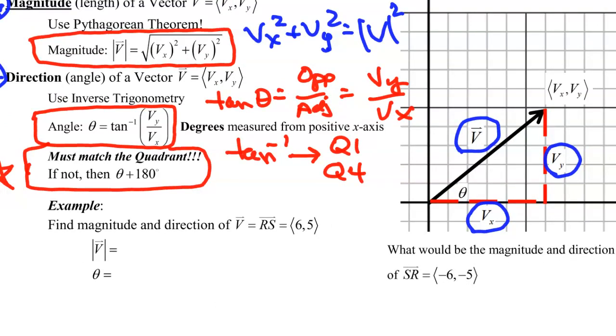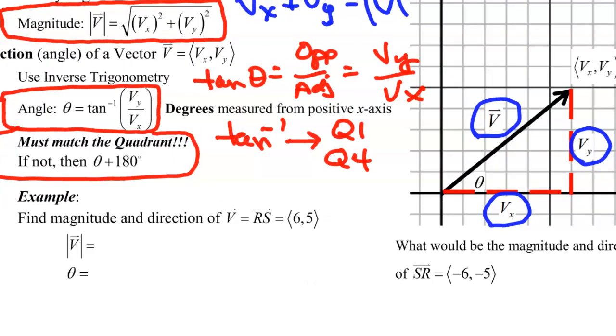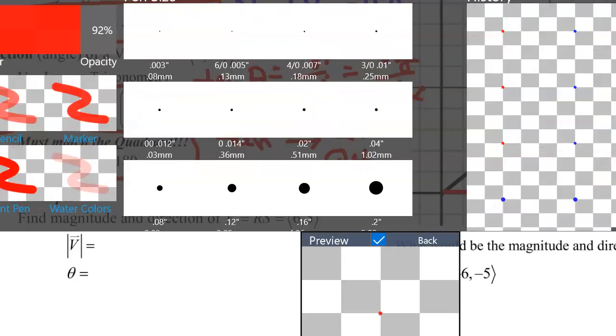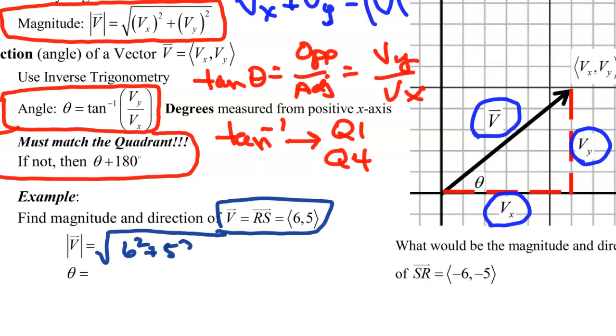The magnitude of my example here, 6, 5, is going to be the square root of 6 squared plus 5 squared, which is equal to the square root of 61, which is about 7.81.